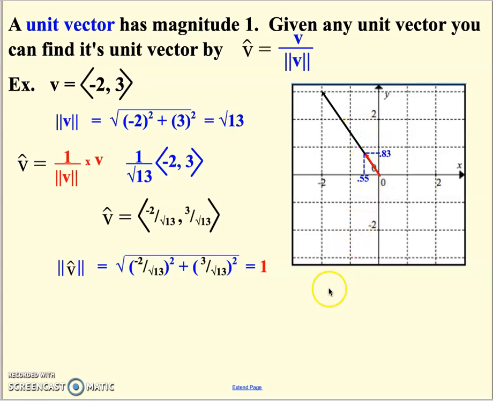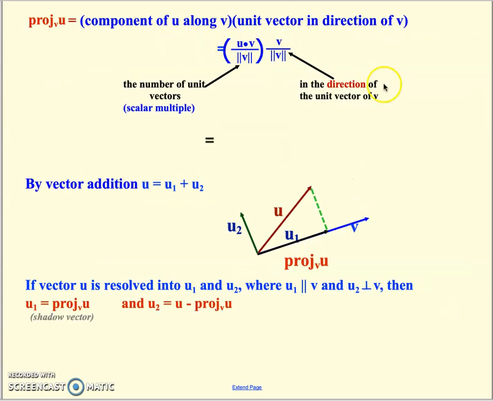We need the unit vector to get our projection vector headed in the right direction, because if we just base it on the component, that's only a length, but length of what, and where, and what direction are we going? So as we start to put it all together, here's how it works. To do the projection formula, we've got to do the component of u along v, so that gives us a length, a magnitude.